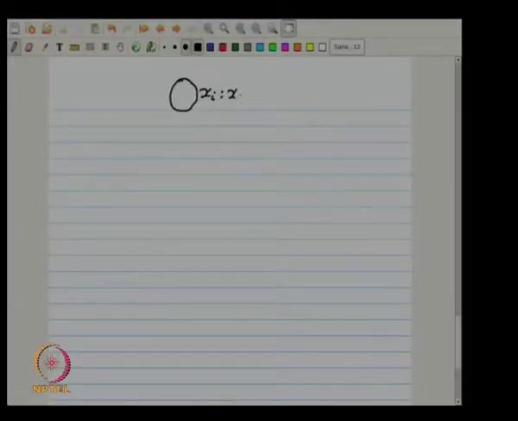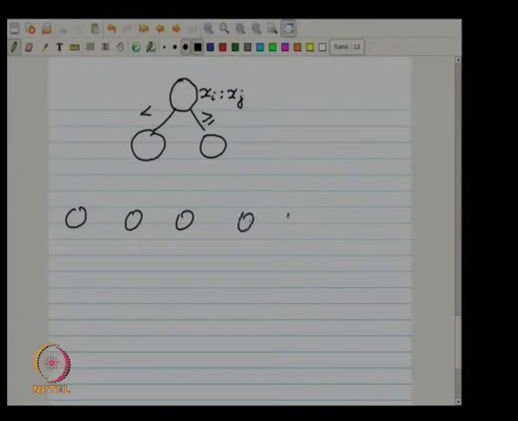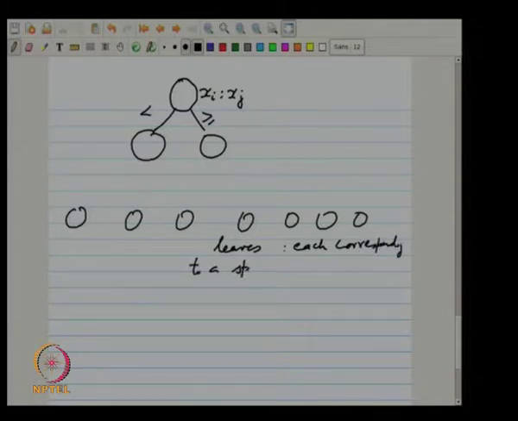So, you compare some elements x_i, x_j, and branch according to less than or some such thing, right. And depending on this, you keep doing it until you get your leaves, each corresponding to a specific ordering.